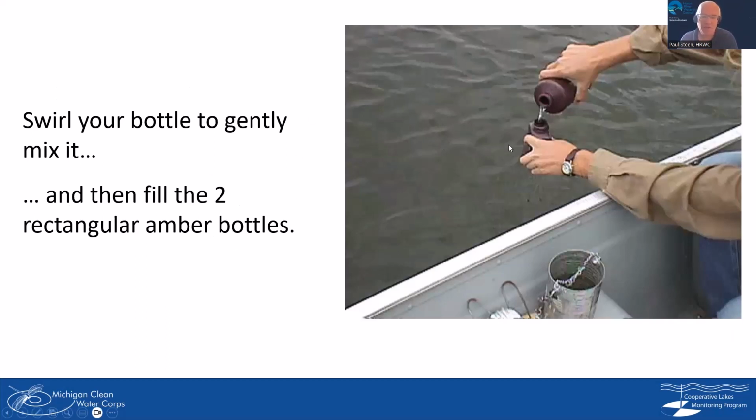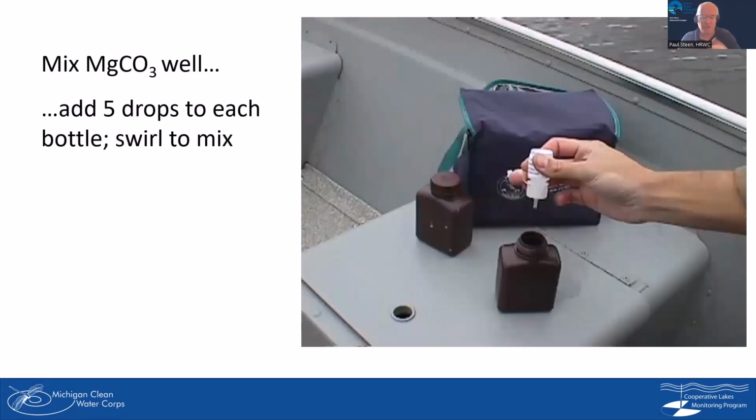And then you will have 2 rectangular amber bottles that will be significantly smaller than your big liter bottle. And you fill up both of those. You fill up 2 bottles because you are going to take two samples in the course of this sampling. So you can see there's a good example. The guy's using 2 amber bottles.